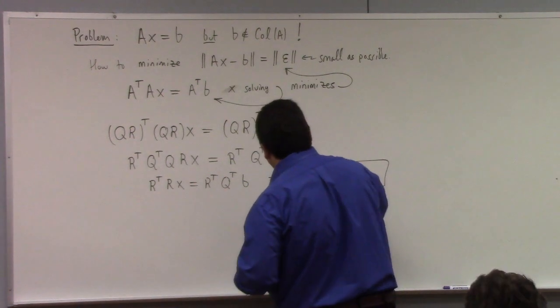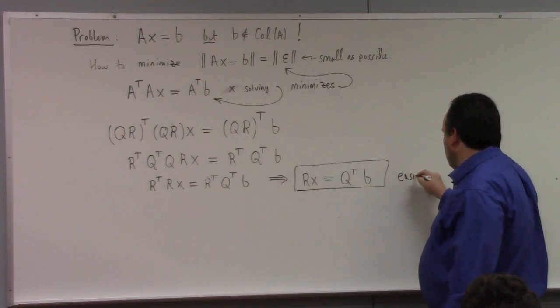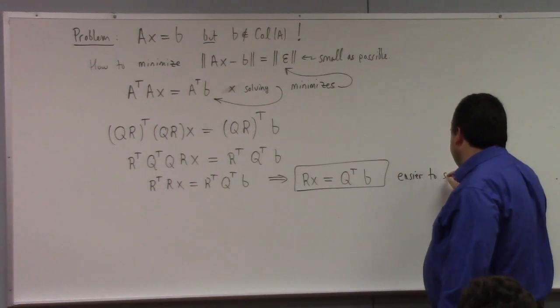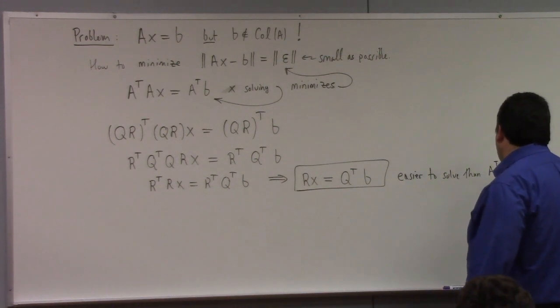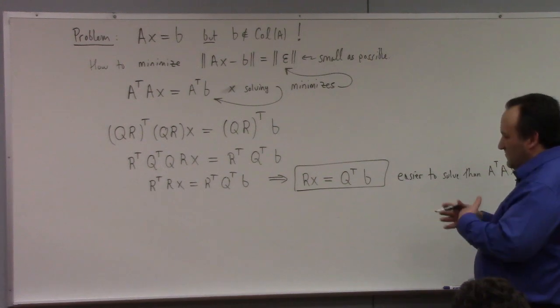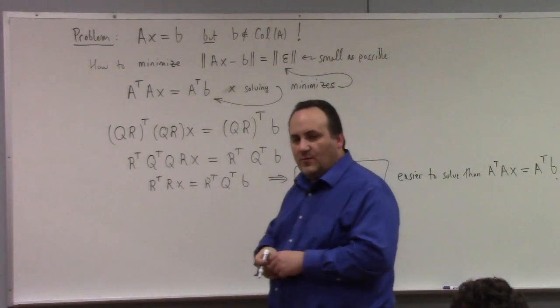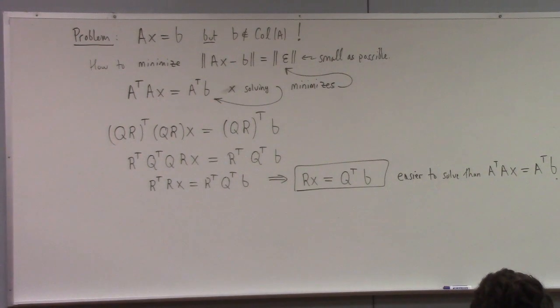This is easier to solve than A transpose Ax equals A transpose b. Possibly. Why is it easier to solve? What is R?